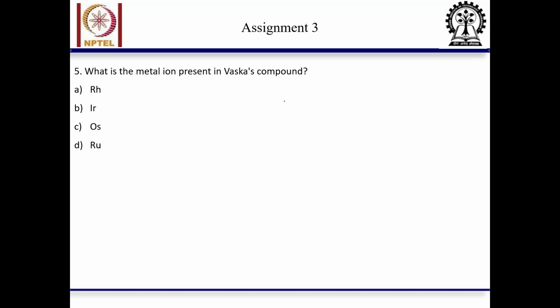I will just write here: Ir(CO)Cl(PPh3)2. This is the Vaska complex, where the metal ion present is iridium. So your correct answer is iridium. It has a tendency to form a metal-olefinic complex when treated with any alkene like ethylene. Okay, I will go to the next question.